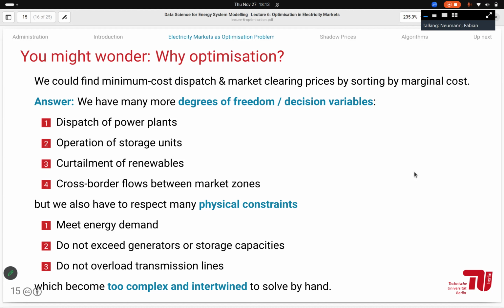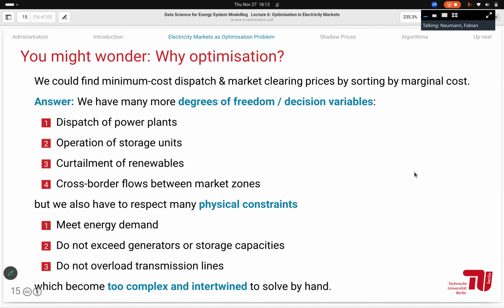So you can imagine, once we have a system with hundreds or thousands of nodes and thousands of time steps, one for every hour in a year, these models become quite complex, especially once you go beyond just the electricity sector, with more and more components like electric vehicles, heat pumps, and so on entering this system as consumers.